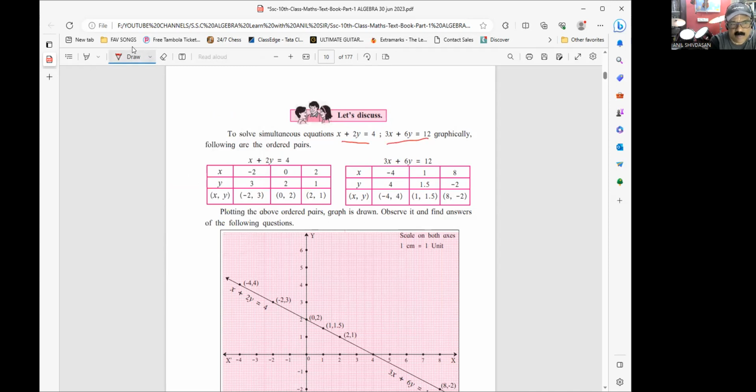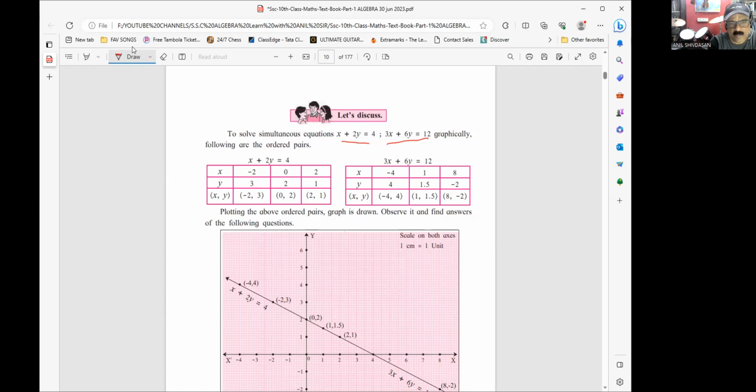Now, the normal way is drawing the table and finding the points, x and y. So for x plus 2y equal to 4, the coordinates are -2, 3; 0, 2; 2, 1. And for 3x plus 6y equal to 12, the coordinates are -4, 4; 1, 1.5; 8, -2.